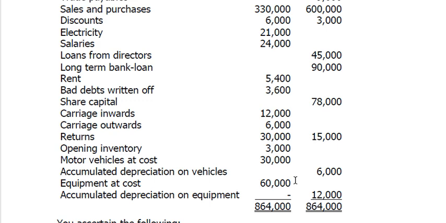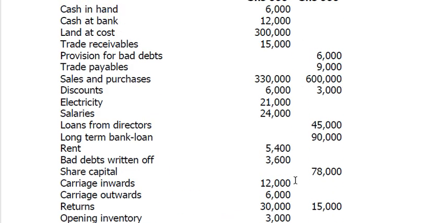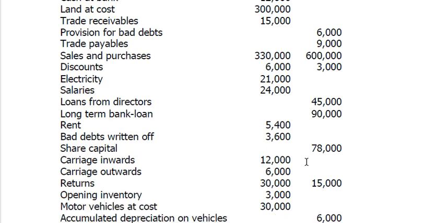So that is your trial balance, meaning that transactions were entered into the different ledgers. The ledger accounts were balanced, and then a trial balance was extracted, as you can see. So here we have the balance summary for each and every ledger account of Aspro Limited.